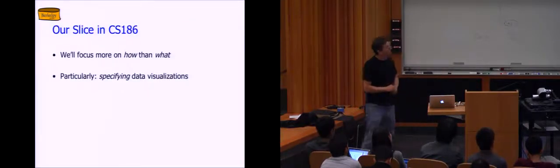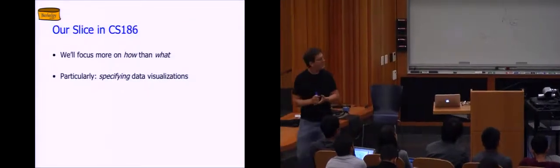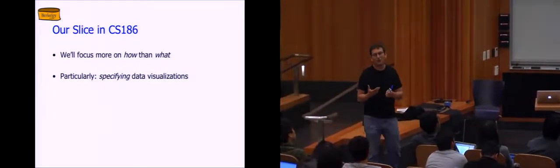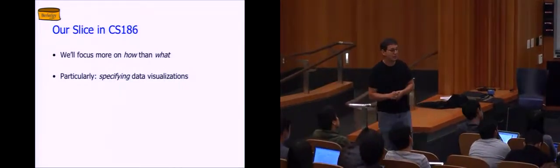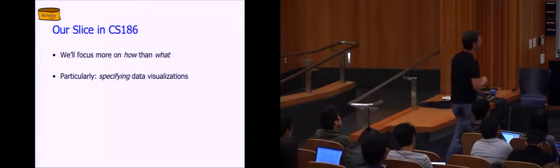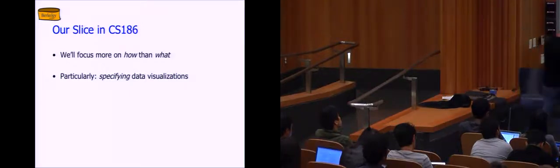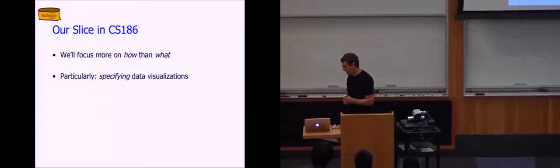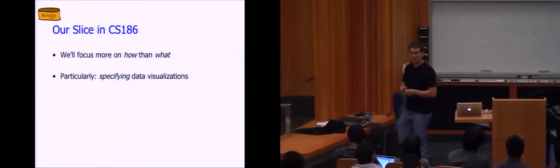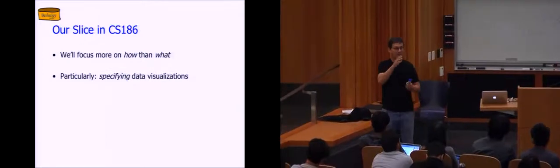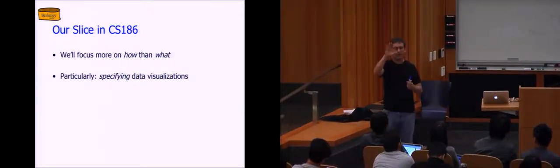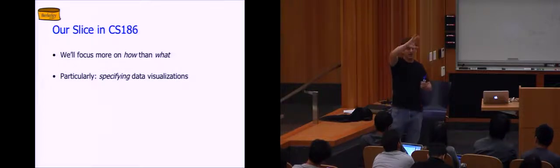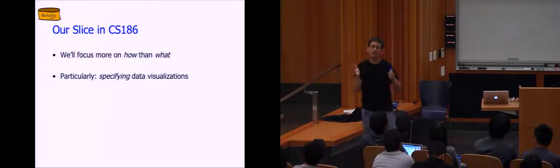Okay, so what are we going to talk about in data visualization for 186? Well, we're going to focus more on how you build visualizations than what visualizations are good ones to build, right? So for example, one of the things that my colleagues in data visualization study is human perception about, say, color. So if you're building a bar chart, or a heat map of, say, crime in the U.S., and you want places with lots of crime to be one color and places with less crime to be another color, what color palette should you use?